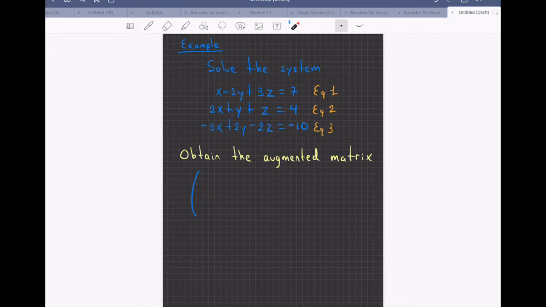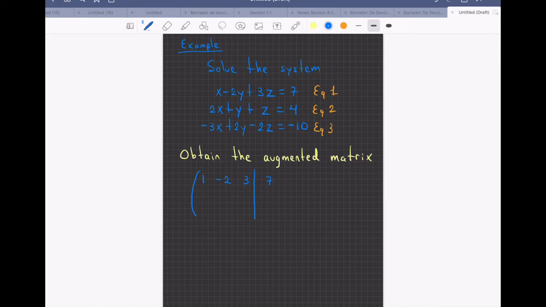Now for example, for the first equation, the coefficients are 1, -2, 3, and 7. If we want to point out that this corresponds to the right side of the equation, then we can put a vertical line like this.